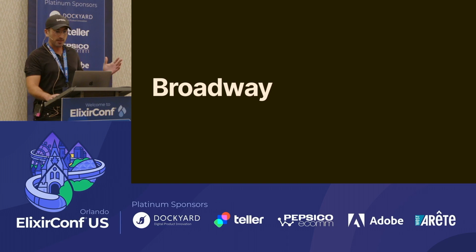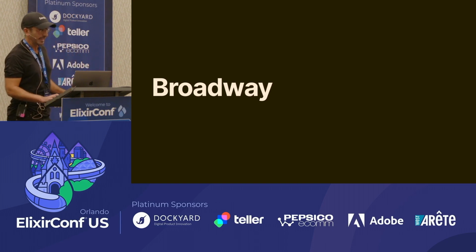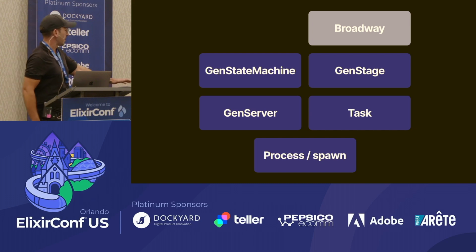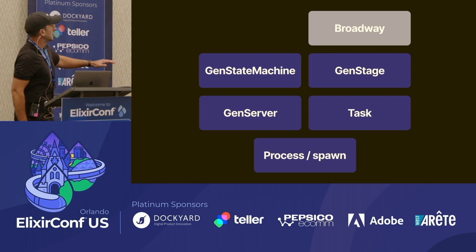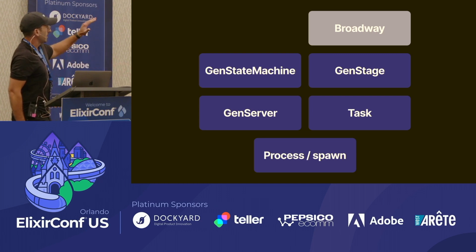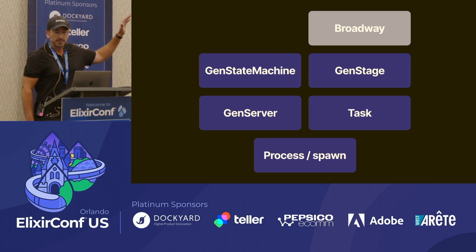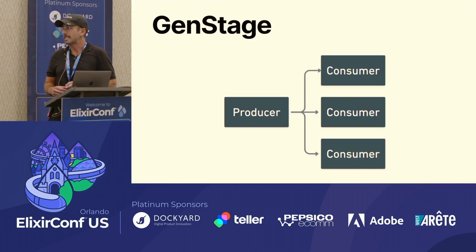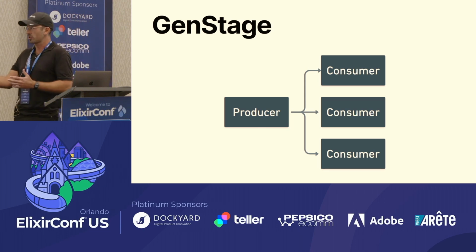The way I would think about Broadway in terms of layers of abstraction, this slide might be helpful, is like the very bottom is obviously the low level of a process that you might spawn, and Broadway is a slightly higher level than GenStage in an abstraction. GenStage gives us the basic primitive for how a producer gives work to consumers.